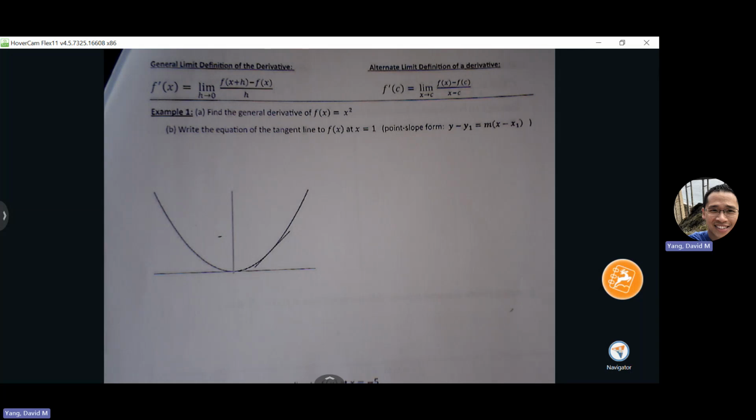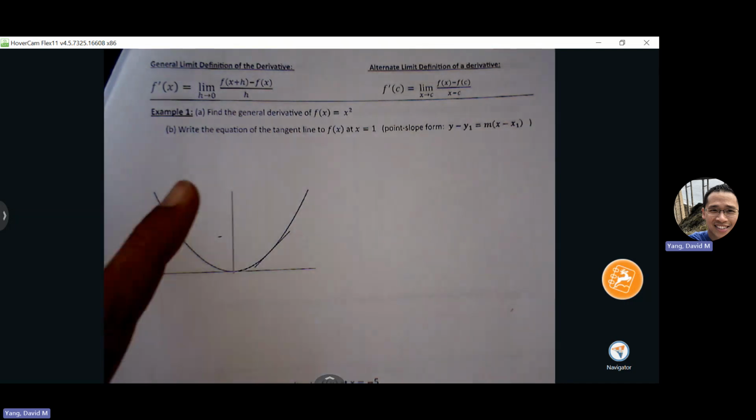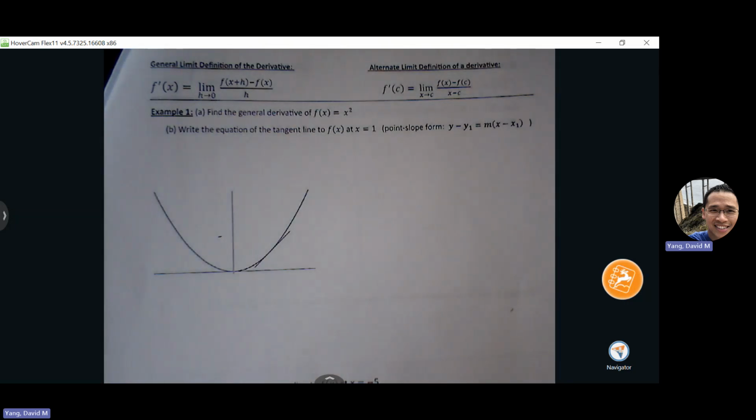And after we get past that connection and that relationship, we're going to move to a much more efficient way of finding derivatives. But that more efficient way is more abstract. We can't quite see the relationship as easily. So that's why we're building that relationship now. But once we can understand, oh, slope is derivative, then we can move to a much more efficient way of doing it, and also more abstract because we already know the connection between these two.